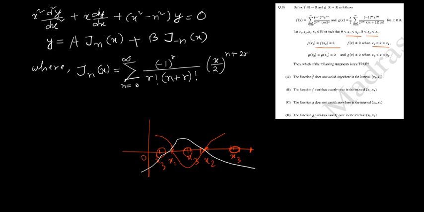Now this equation is called the Bessel equation, and y equal to this is the solution of this differential equation, and J_n is this.